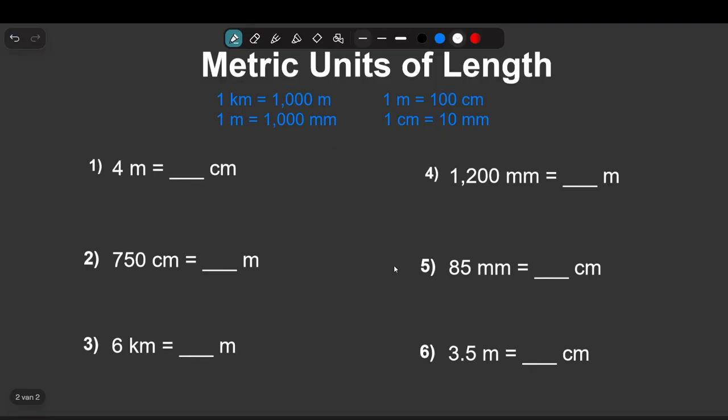The prefix centi means 100, so it takes 100 centimeters to equal 1 meter. And lastly, we have kilometer, and the prefix kilo means 1000, so it takes 1000 meters to equal a kilometer. And all those notes are right here up top, and we can reference those as we go through our conversions.